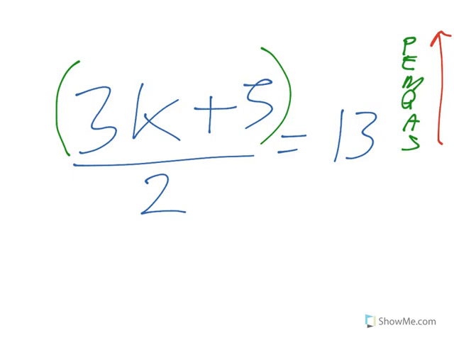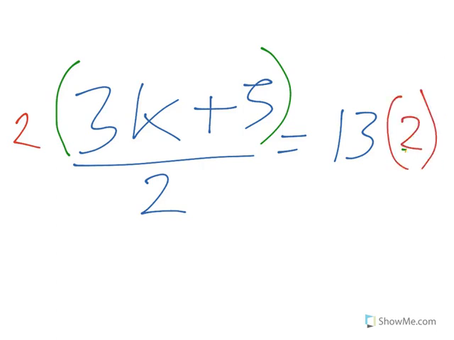So the next thing we do, we don't have adding and subtracting right now. We have multiplying and dividing, so we have dividing by 2. What's the inverse of dividing by 2? Multiplication. So we multiply the whole thing by 2. That removes the 2s.